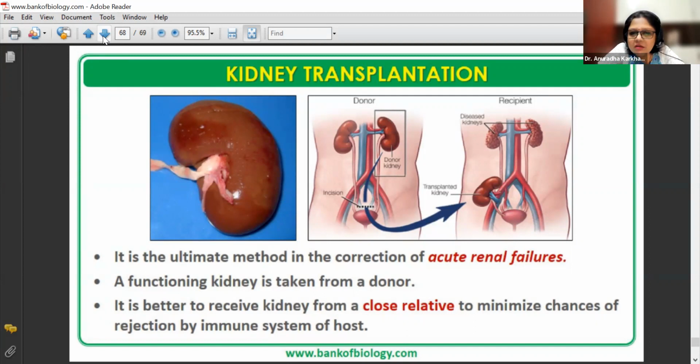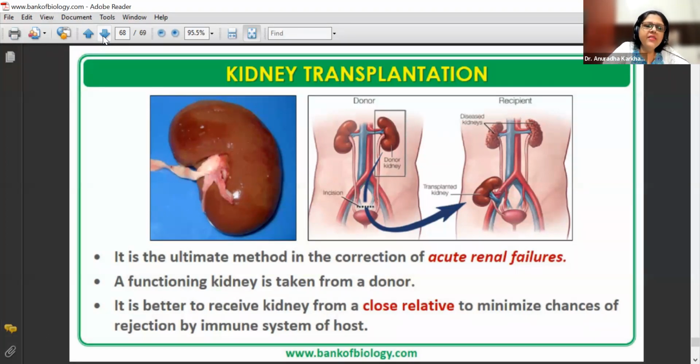Generally, a mother will donate to her child, or the siblings can donate to each other. So it's always better to take it from a very close relative, so that there is no problem with rejection of the kidneys, or any organs for that matter.